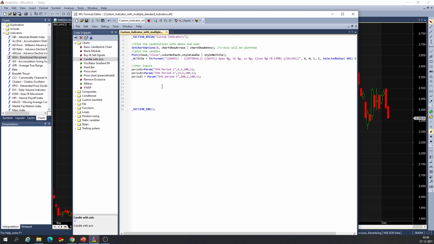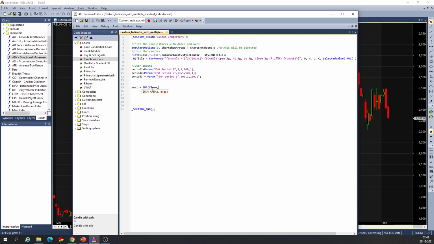Okay, so now the first is EMA1. So this is a variable, and in order to compute EMA, you have an EMA function which will basically take close as the variable. There are some standard arrays in AmiBroker. AmiBroker is an array-based language, as in there are some standard arrays like OHLC: open, high, low, close, volume, and open interest.